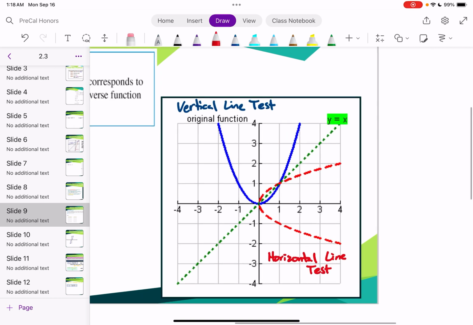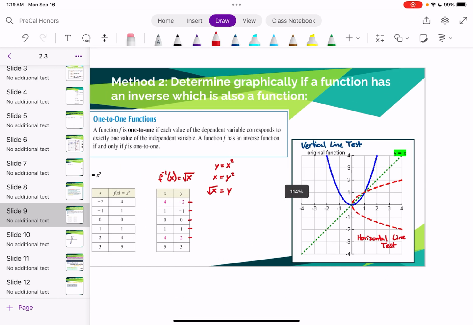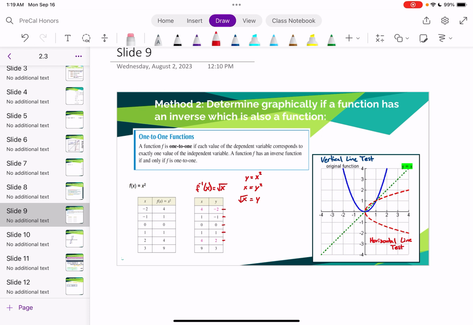In this case, as you can see, both the vertical line test and horizontal line test would pass for each one of these different functions. Keep in mind, you can only do the vertical line test for a regular function. You can only use the horizontal line test for the inverse function. Let's go ahead and take a look at slide 10.